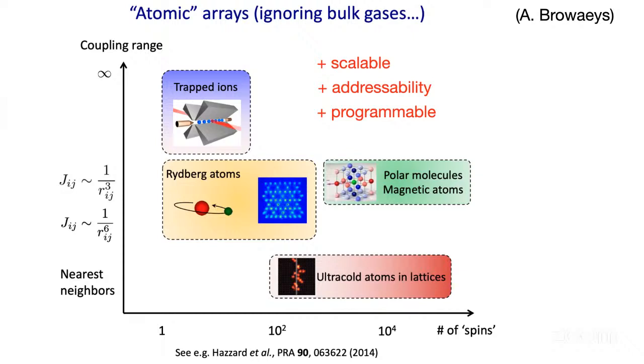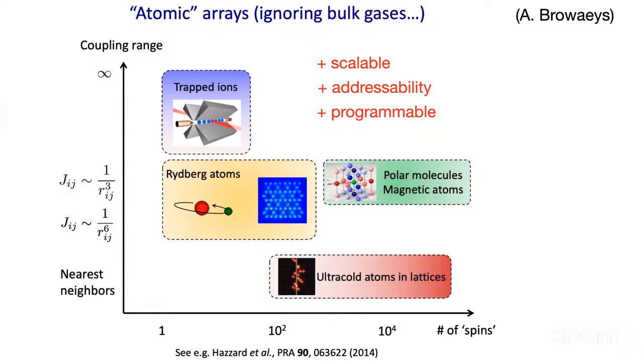They would typically have local interactions or nearest neighbor interactions at best, but you can have hundreds to 10,000 to 100,000 of them. On the other side, you see the trapped ions. They can have anything between dipolar and essentially all-to-all coupling, depending on the phonons. But the drawback is that you typically only get a handful of them, a few tens at most.